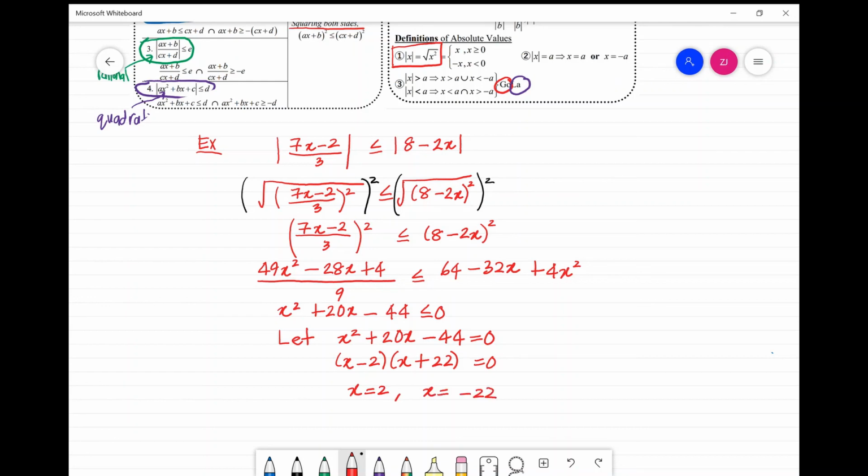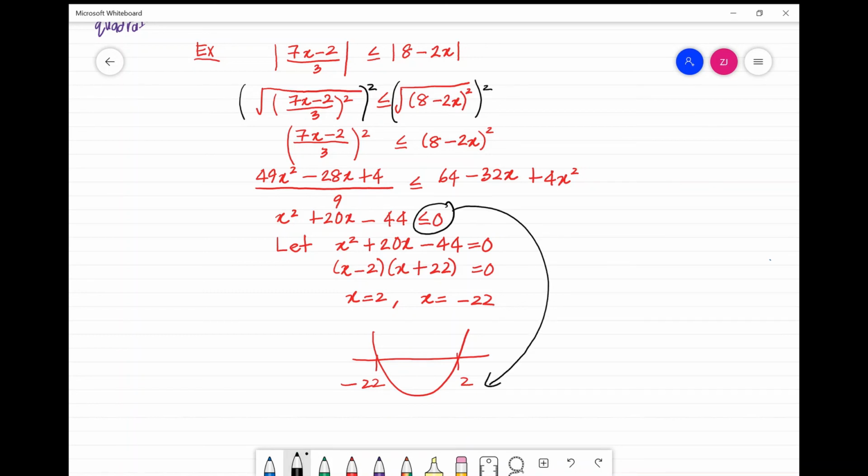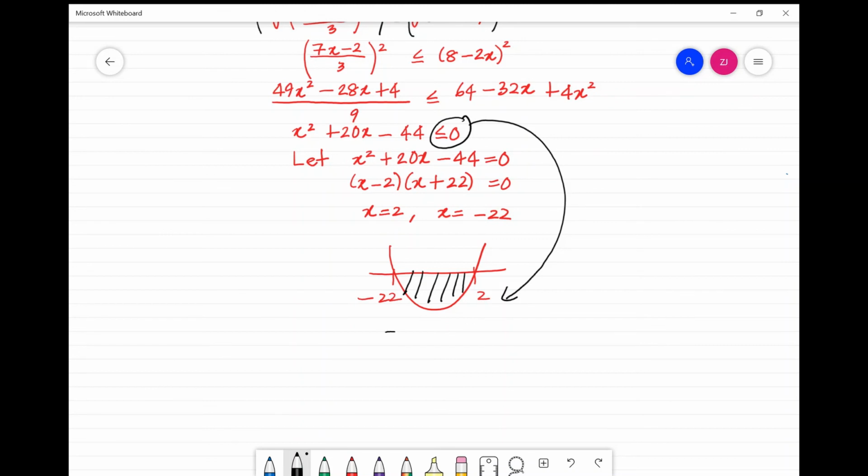After we get the roots, we can now draw the graph. So we will have negative 22 here and 2 here, and we shade the region below. Why? Because it's less than or equal to 0. So now the final answer will be the interval from negative 22 to 2.